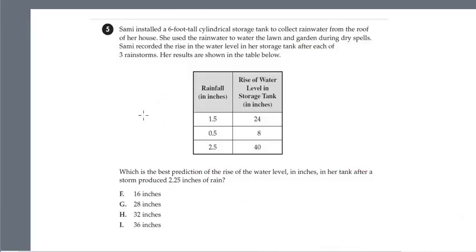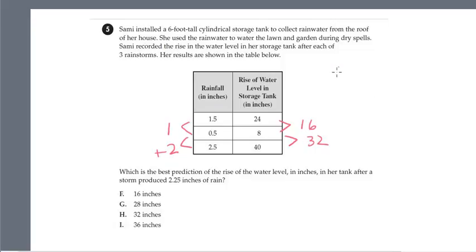Okay, so in this problem you have to use some of your linear thoughts, how to look at functions. Notice in this problem that there's a 6-foot tall cylinder, and you can read through it, but as this goes down by, it goes from 1.5 to 0.5, so that's down by 1, and this side goes down by 16, and then here it goes up by 2, and here up by 32. So it is a linear function.